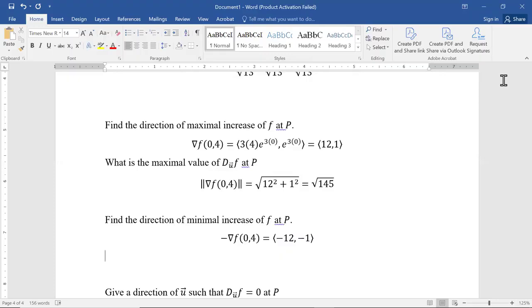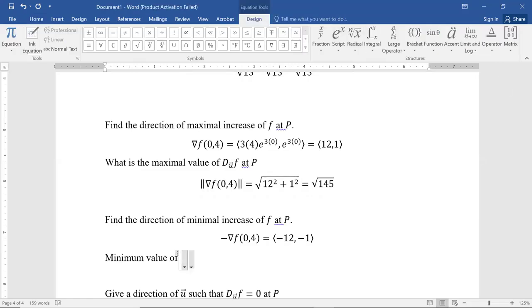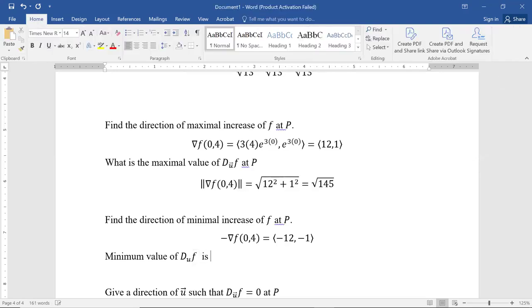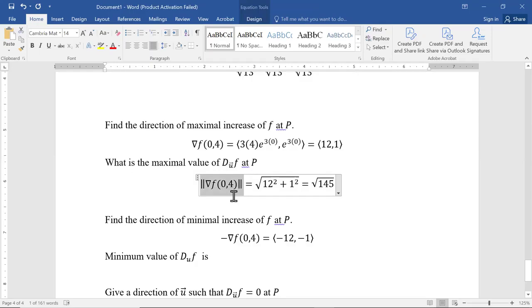And the minimum value of the directional derivative is going to be, well, the negative of the magnitude of my gradient. So it's the magnitude of the gradient, but take the negative of that, which is negative square root of 145.